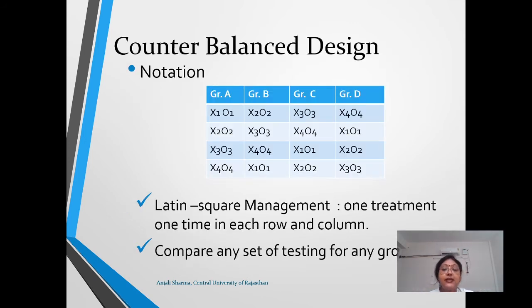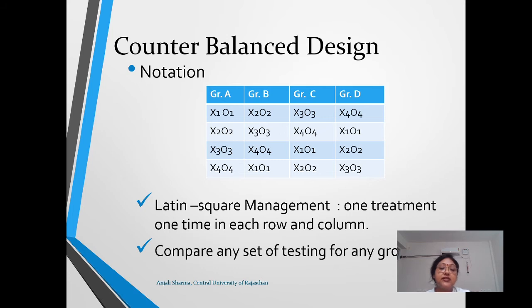And the counterbalanced design is a very good design, and it gives the researcher a lot of opportunity to test and see the impact of different kinds of experiments. We can study more than one or two groups.